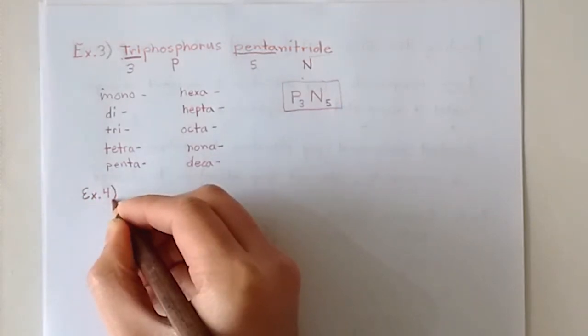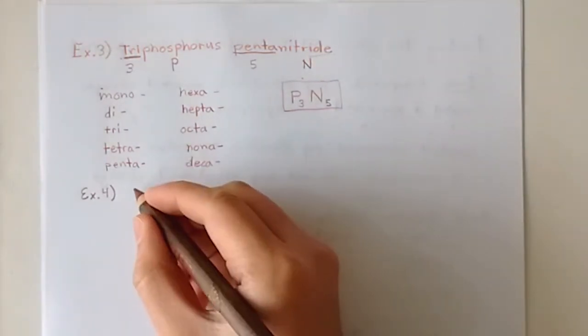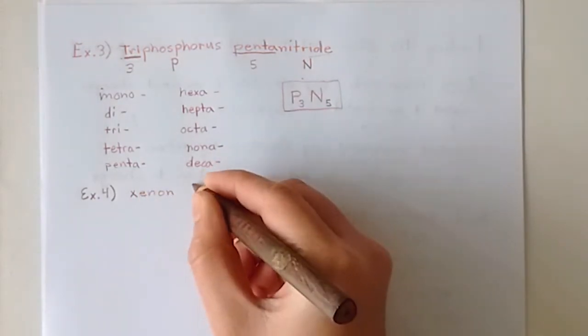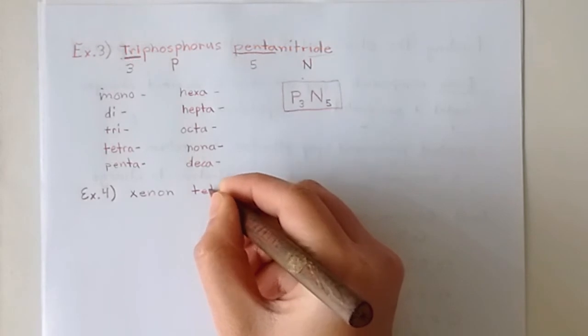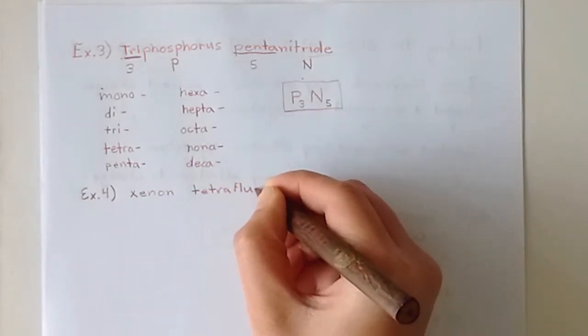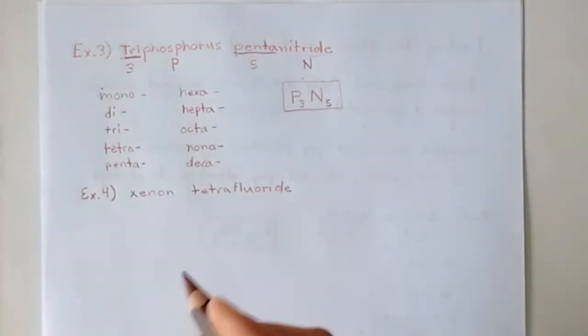So example 4, write the chemical formula for xenon tetrafluoride.